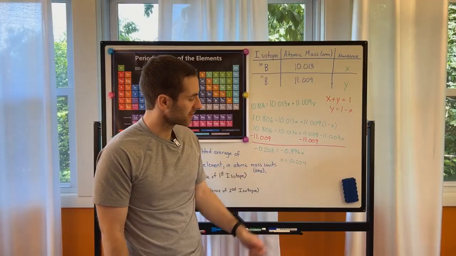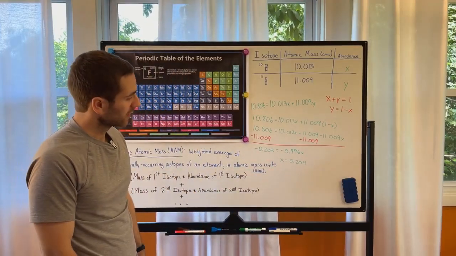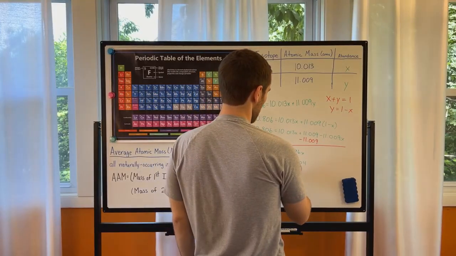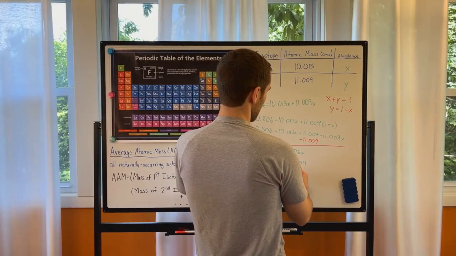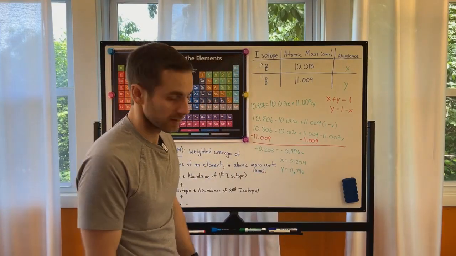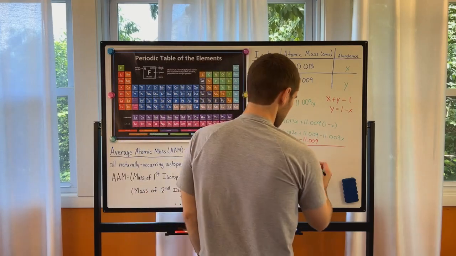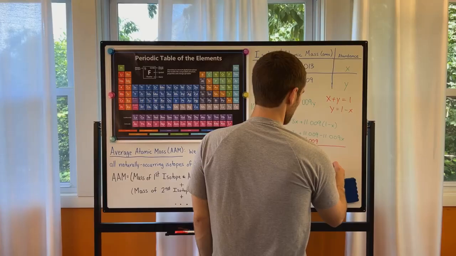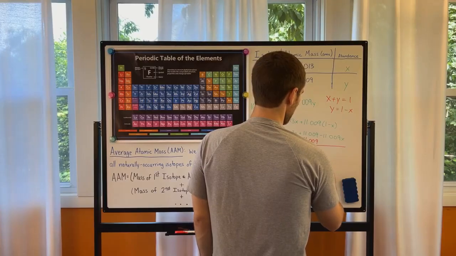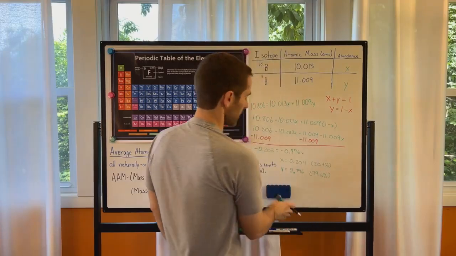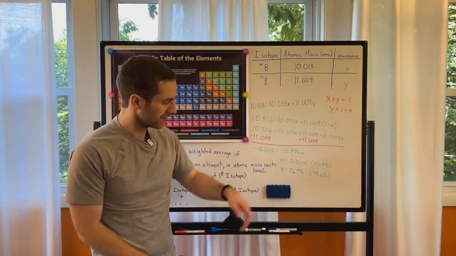Remember, the 0 in the front is not significant. So that's x, and then y is 1 minus x, so y would be 0.796. These are decimals, so if we wanted to write them as percentages, this would be 20.4%, and this would be 79.6%.